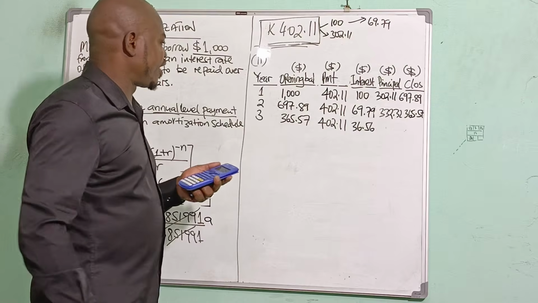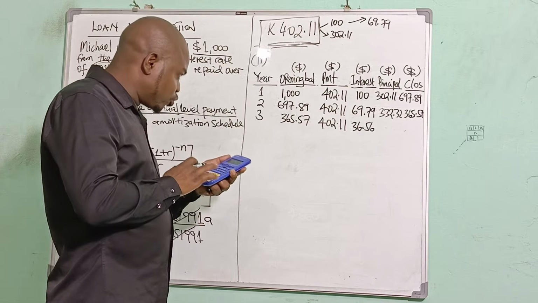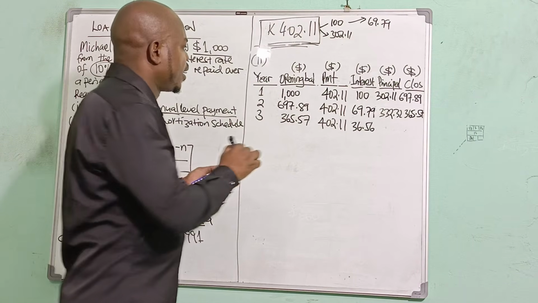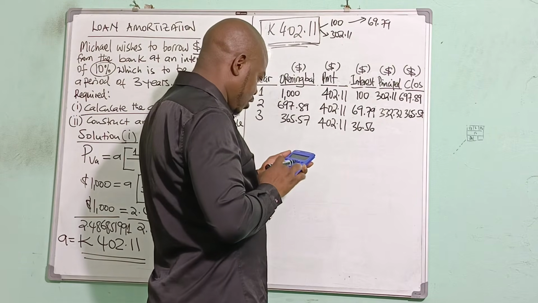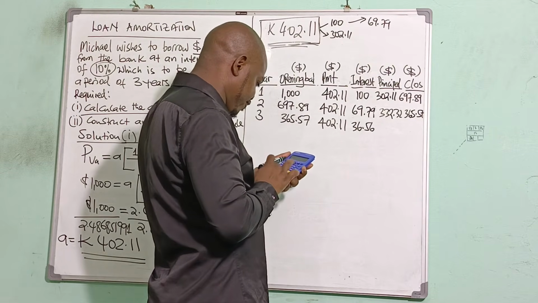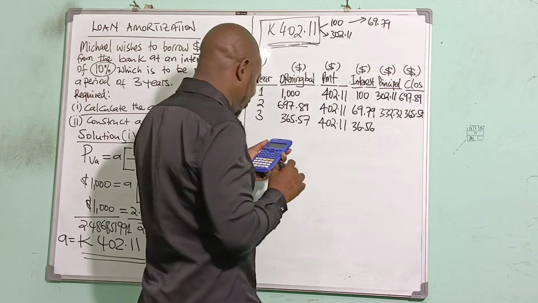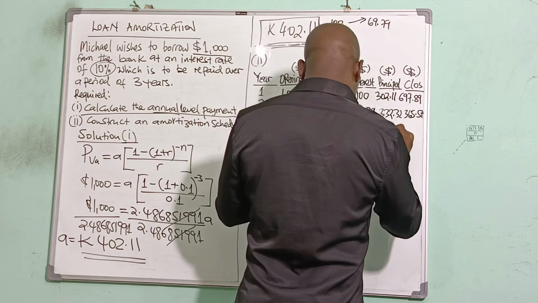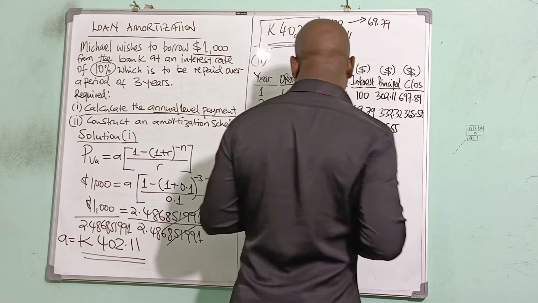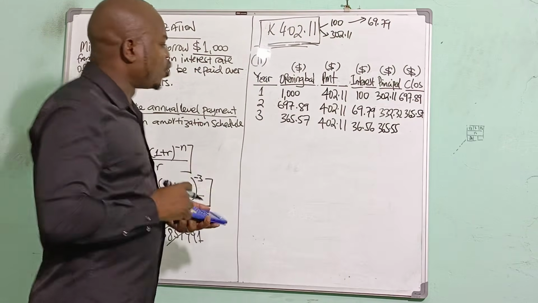From 402.11, I remove that interest to find the principal element, and I have 365.55.